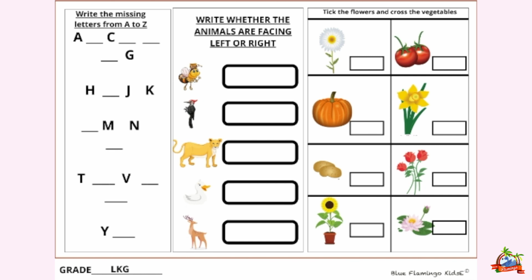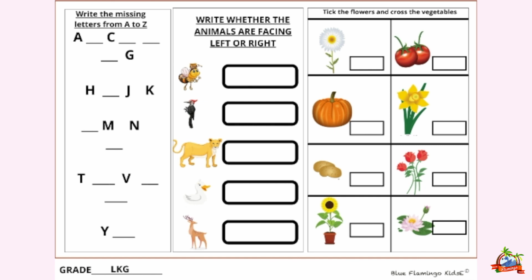H for horse. I for ice cream. J for joker. K for kite. L for lion. M for monkey. N for nose.